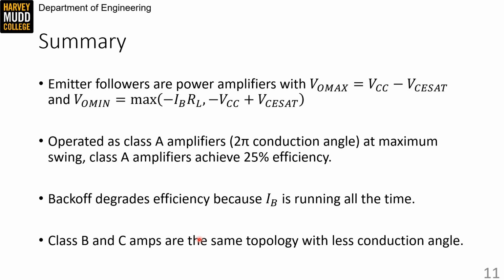When emitter followers are operated as Class A amplifiers, so they have a conduction angle of 2 pi, they achieve 25% efficiency. Backoff degrades the efficiency of Class A amplifiers because our bias current is running all the time. And Class B and Class C amplifiers are the same topology as Class A amplifiers, but they have less conduction angle.